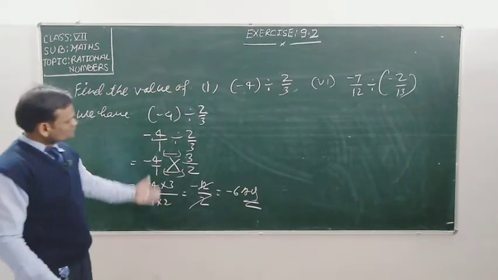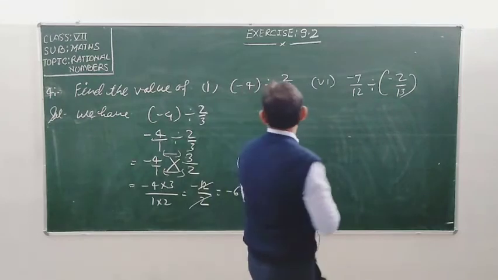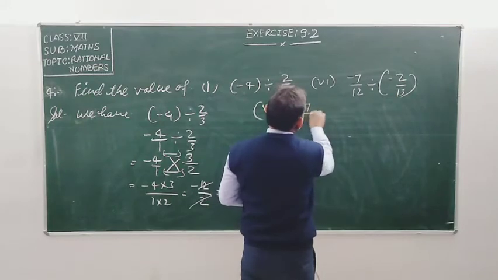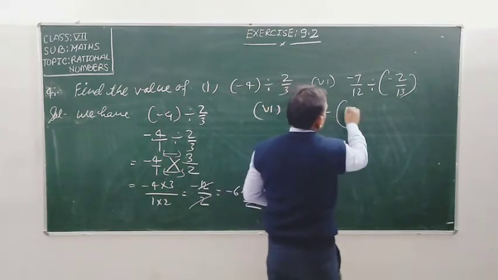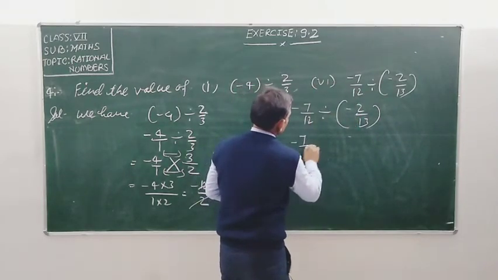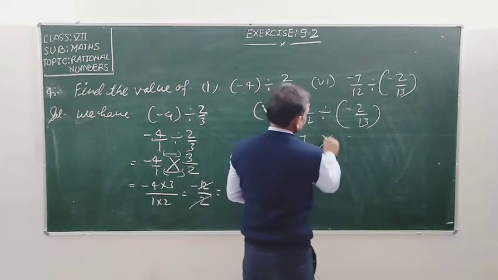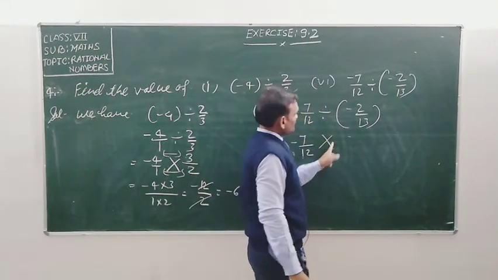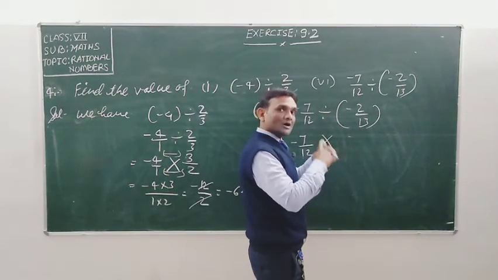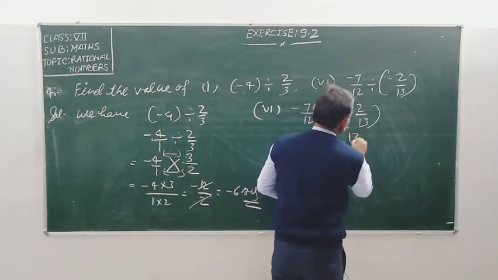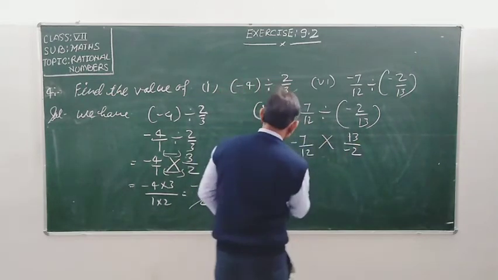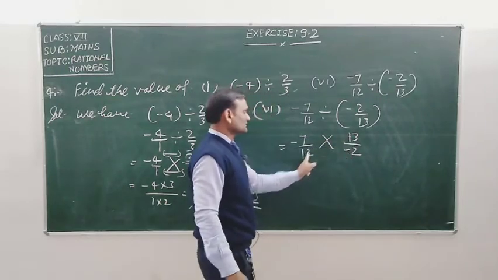So I hope, student, you have understood this question very well. Like this, you will solve question number 6 also. Minus 7 upon 12 divided by minus 2 upon 13. So student, write the first rational number the same, and change the division sign into a multiplication sign, and write the rational number given after the division sign in the form of its reciprocal, meaning 13 upon minus 2. Now this is the multiplication of two rational numbers, so multiply numerator to numerator and denominator to denominator.